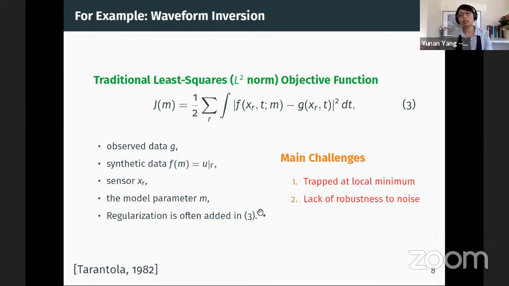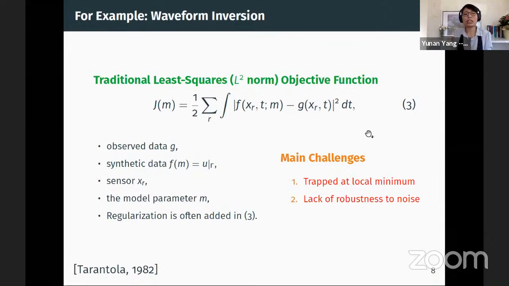So that's another well-known challenge, but that challenge could sometimes be mitigated by adding a regularization. So if we want the optimization to be more robust with respect to noise, we add a regularization. And a Tikhonov regularization or TV regularization are well-known choices, depending on our prior information.